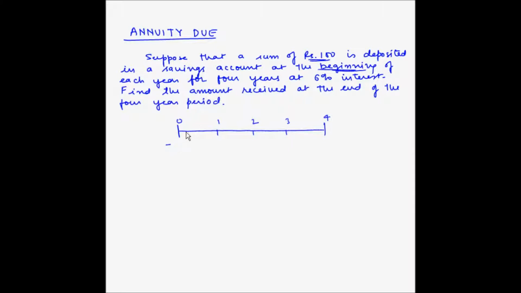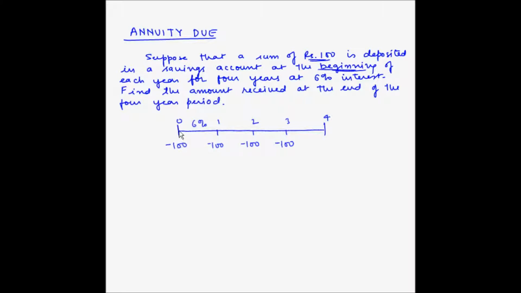At the beginning of the first year, the outflow is 100 rupees. At the beginning of the second year, again the outflow is 100 rupees. At the beginning of the third year, again the outflow is 100 rupees. And at the beginning of the fourth year, again the outflow is 100 rupees. The rate of interest is 6% per annum for each of the years.